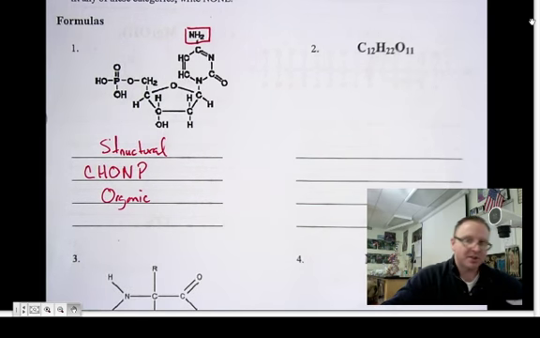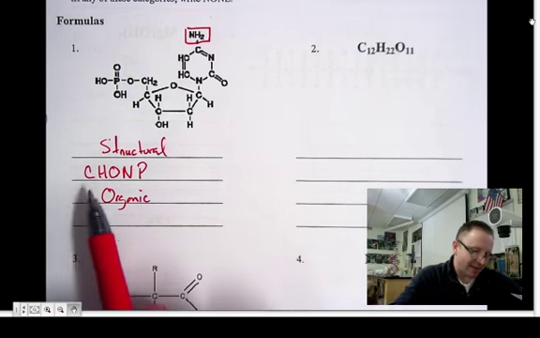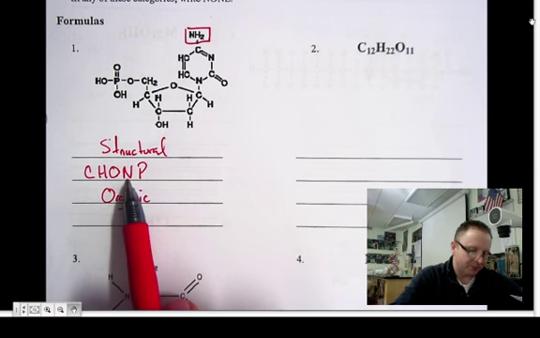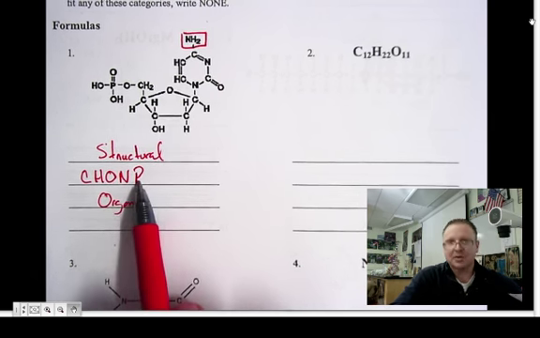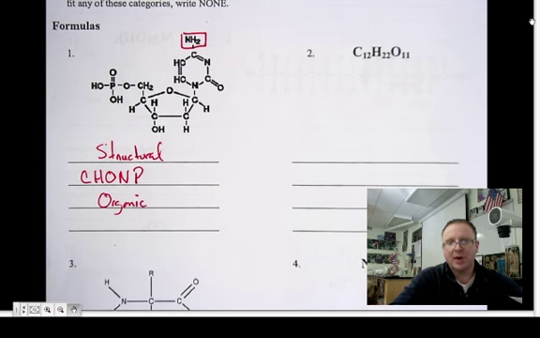So thinking back to the notes that you took from the screencast, each of those screencasts should have highlighted for you the elements that are present in each type of organic molecule. Carbohydrates and lipids are limited to only carbon, hydrogen, and oxygen. So that would be one way to eliminate those as possibilities. Proteins contain carbon, hydrogen, oxygen, nitrogen, like this one does, but this molecule contains phosphorus. Those are not found in proteins. Those are found in nucleic acids.